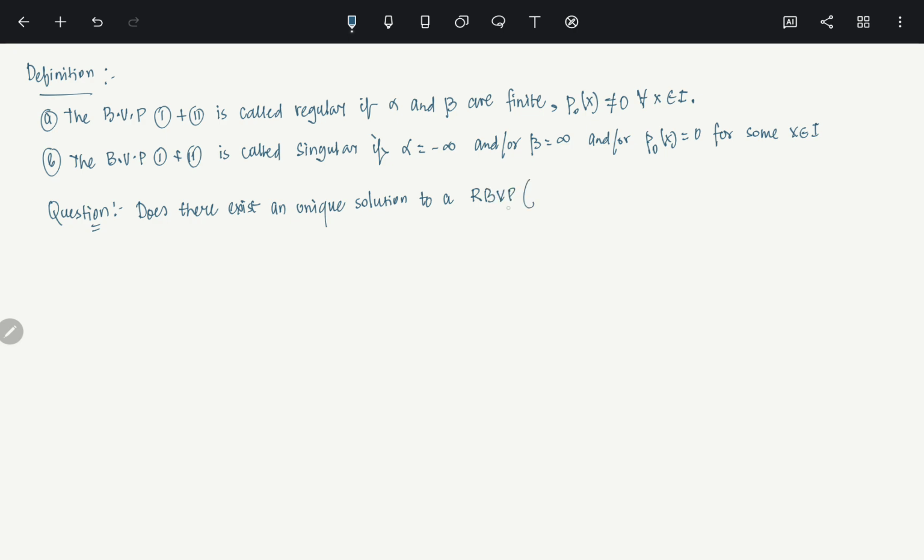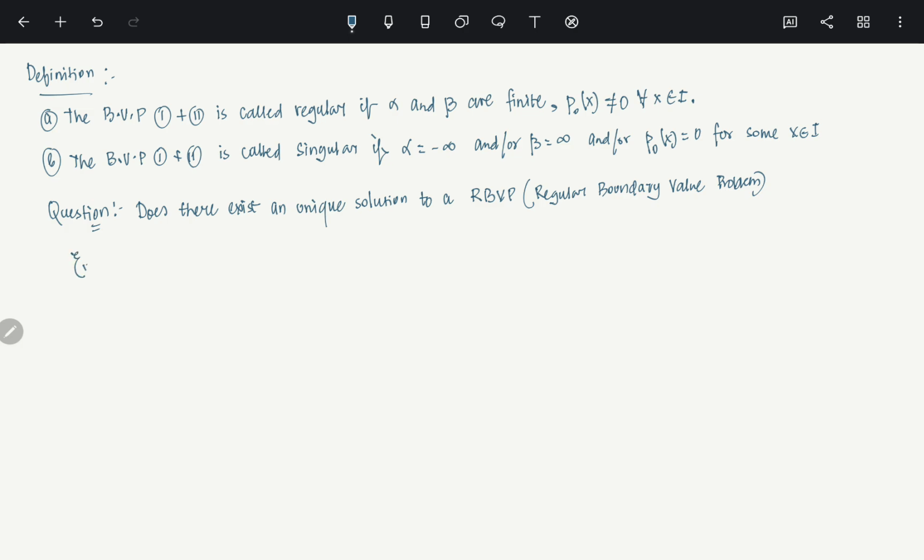Because it's a very big term, I don't want to write it all here. So we want to know whether there exists a unique solution or not. Let's explore this situation with some examples. So the first example is this.